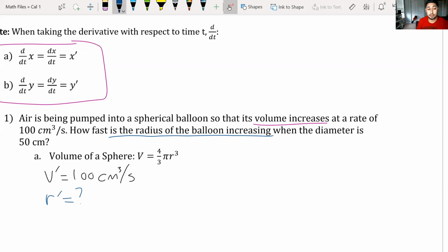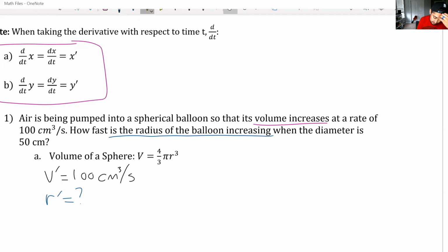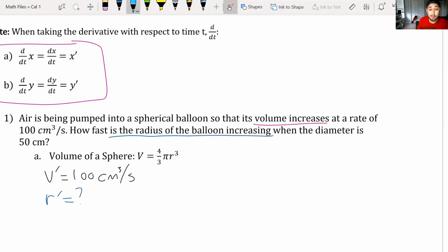We're looking for R prime. Okay. With that being said, the last clue given here is that the diameter is 50 centimeters. Well, if the diameter is 50 centimeters, this means that the radius must be 25 centimeters.